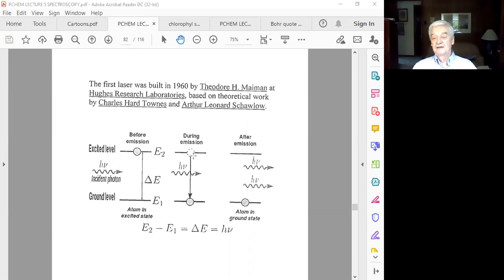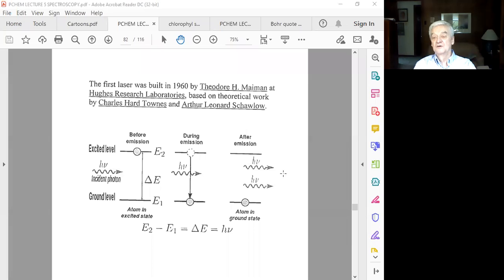To have conservation of energy, we now have two photons coming out. So the first photon doesn't get absorbed, it just tickles this upper system to give off another photon, and we get two photons. So that's how lasers are going to work.